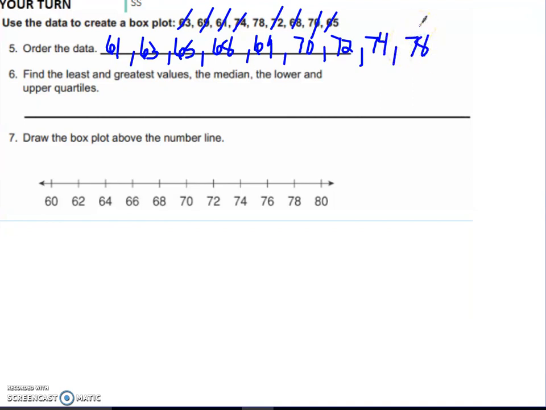Okay, so we want to find the least value, the median, the lower and upper quartile.